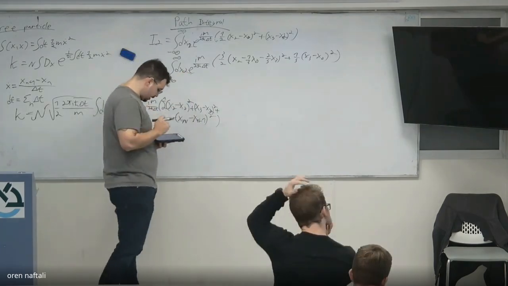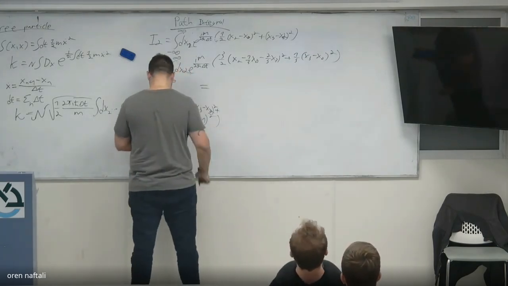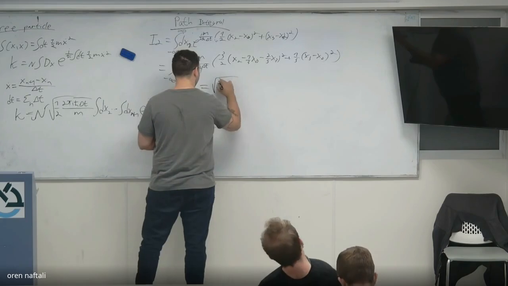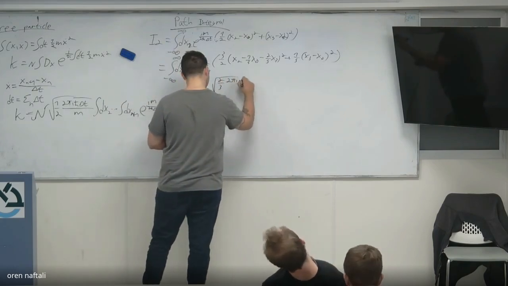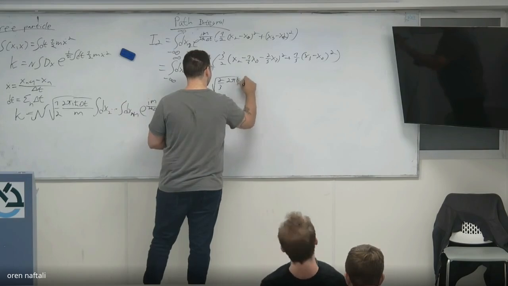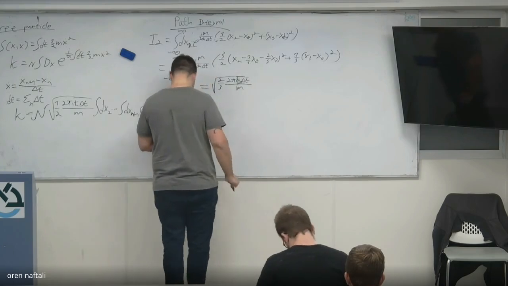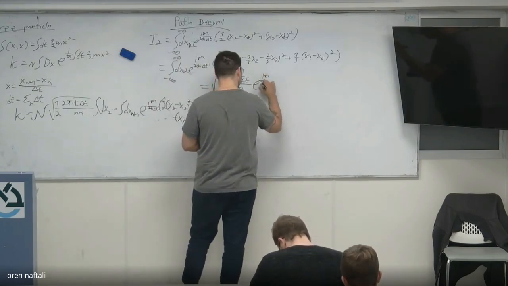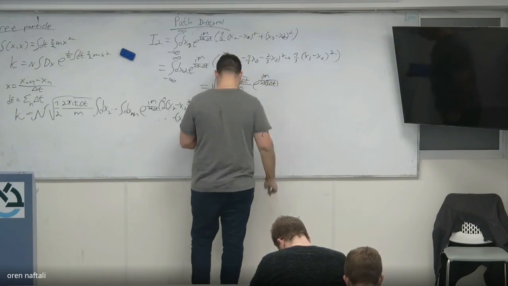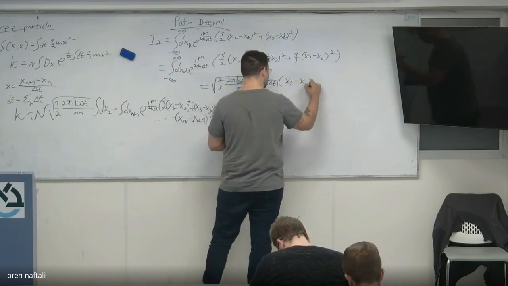Right. Again, I'm going to skip forward and tell you that all this equals the square root of 3 over 2 pi i h bar delta t, divided by m, e to the i m divided by 2 h bar 3 delta t, and x3 minus x0 squared.